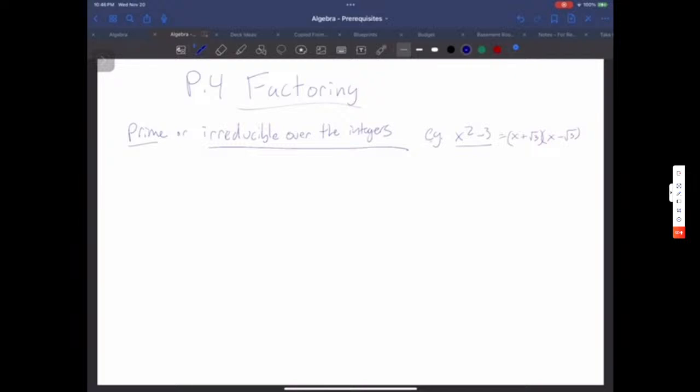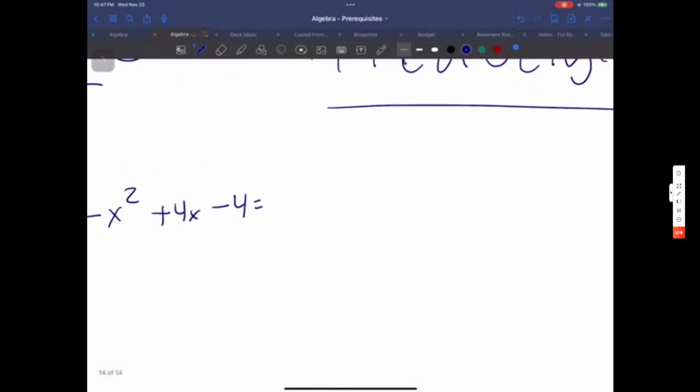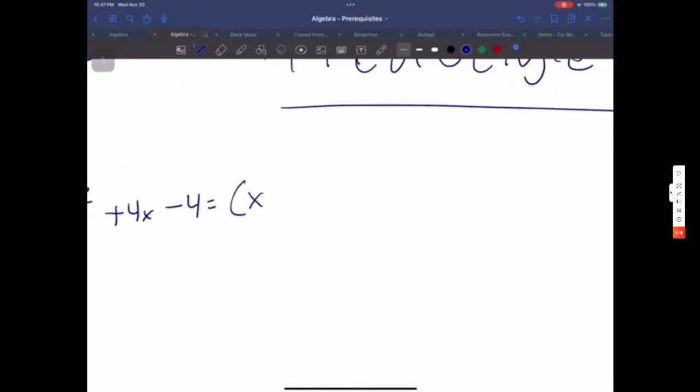A polynomial is completely factored when each of its factors is prime. For example, let's get big. x to the 3 minus x squared plus x to the 4 minus 4 is prime when it is x minus 1 times x squared plus 4.